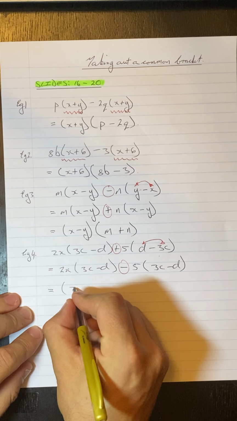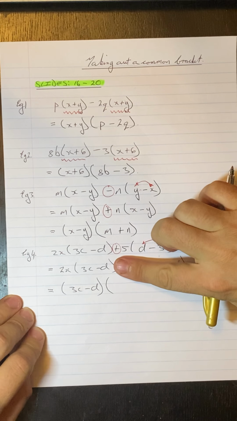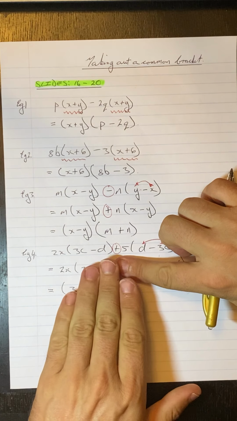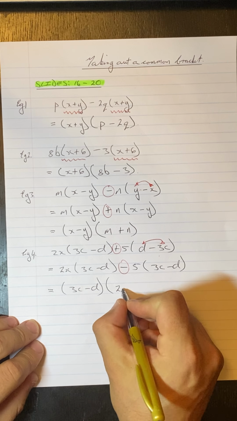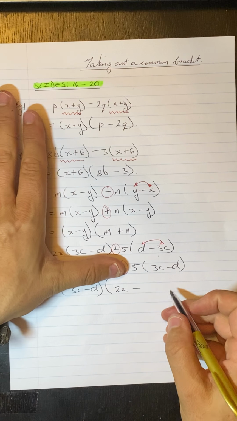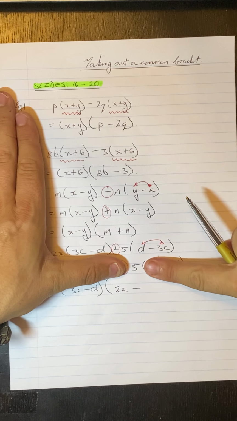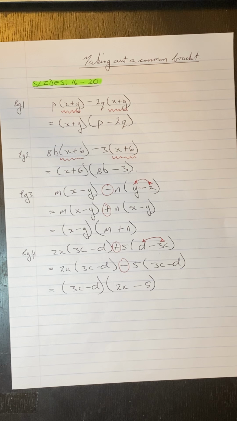Take it out. Open up your bracket. If we just focus on this first term, we've taken out that 3c minus d, and we're left with a 2x. Bring down your sign. Looking at this second term here, we've taken out the 3c minus d, and we are left with a 5. We have factorized.